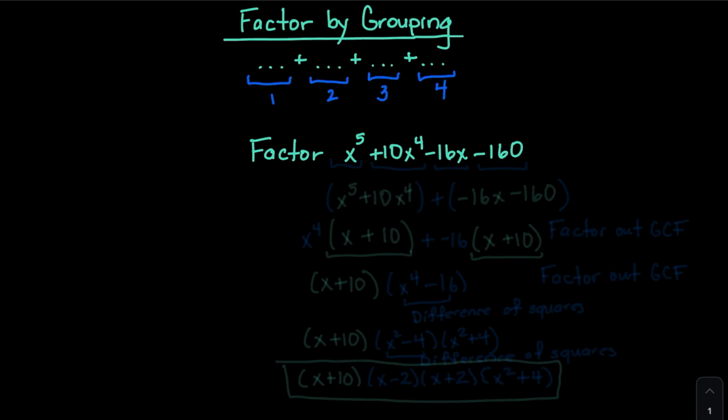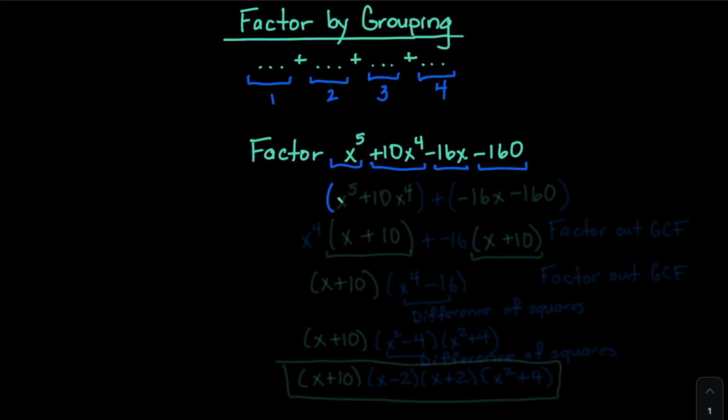Let's factor x to the 5th plus 10x to the 4th minus 16x minus 160. I do have 4 terms, so I know factor by grouping is going to be what I try.